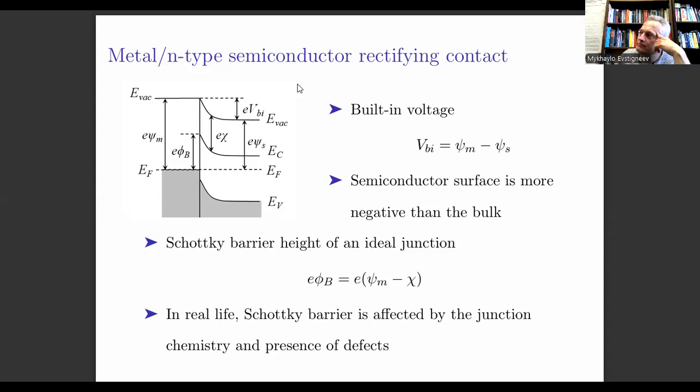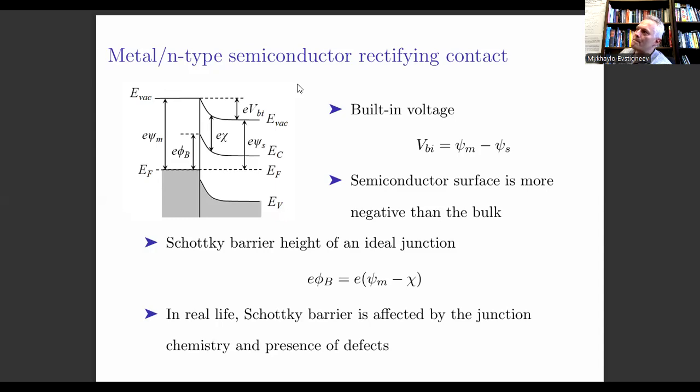The probability of occupation of those surface states is still given by the Fermi-Dirac distribution. And the Fermi energy which enters that Fermi-Dirac distribution must be such that the charge neutrality condition for the surface is fulfilled. So that value of the Fermi energy is called the charge neutrality level.